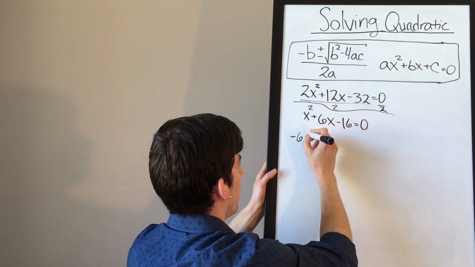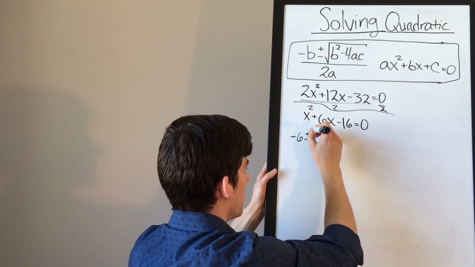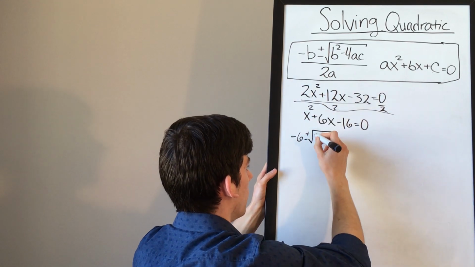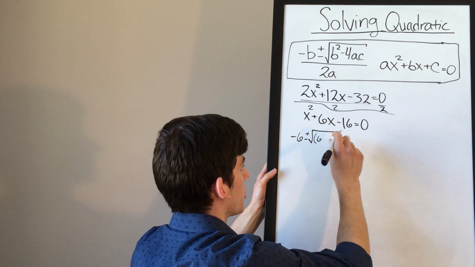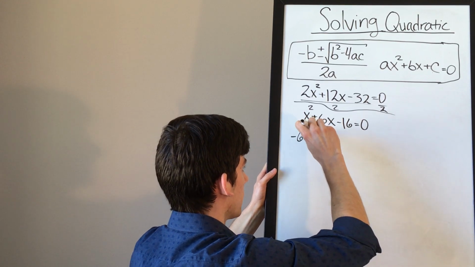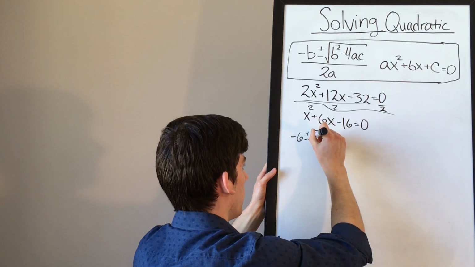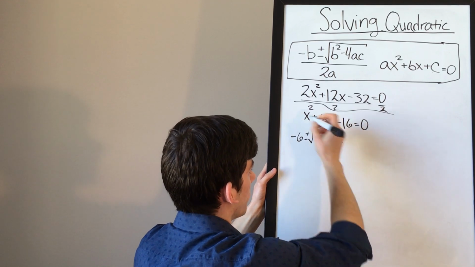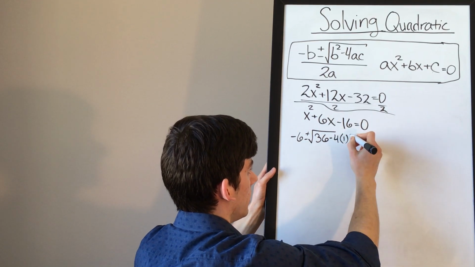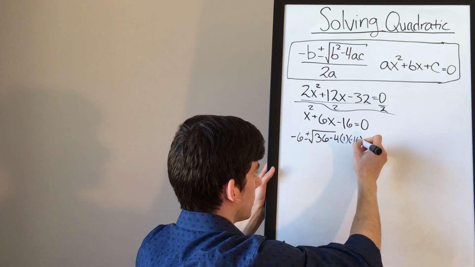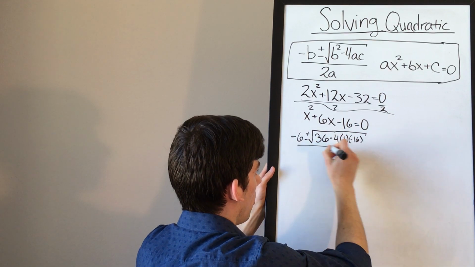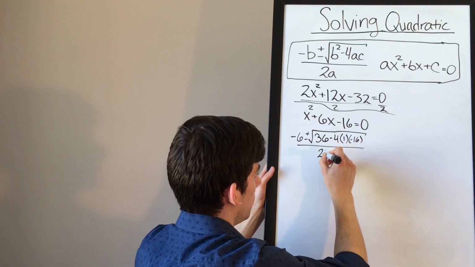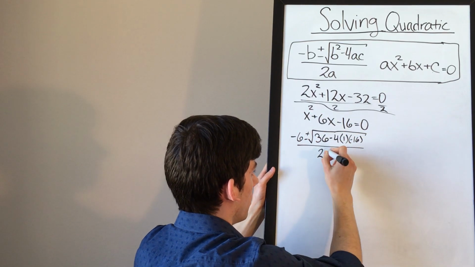Negative 6 plus or minus the square root of b squared, so 6 squared. I'm just going to go ahead and write that as 36, minus 4 times a, which is 1, times c, which is negative 16, all over 2a. So 2 times our a, which is 1.